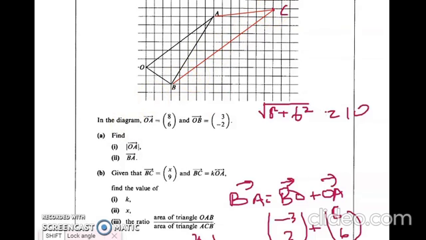Now one thing we know is that OA is parallel to BC, right? These two lines are parallel because BC is K times OA, and two vectors are parallel when one is a multiple of the other.